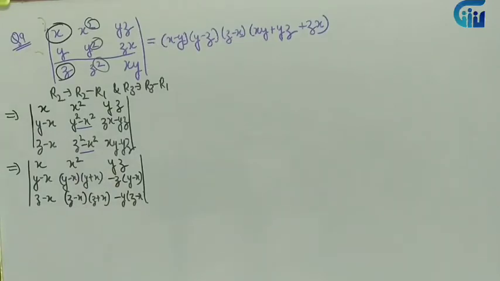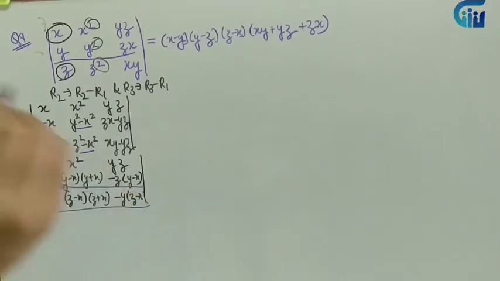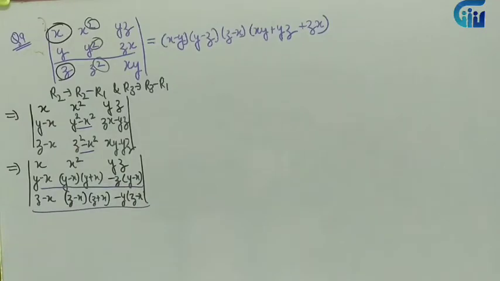Now, what do we observe? We observe that y minus x is common in R2 and z minus x is common in R3. So, I will just take y minus x and z minus x common from R2 and R3 respectively.